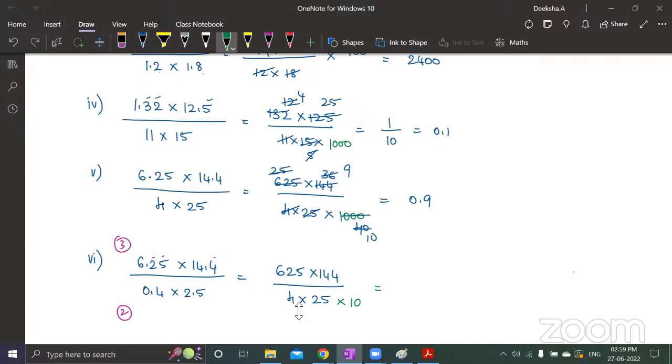So basically this number is 25, 25s are 625, 4, 36 times. And then here I will cancel this by 5, 5 2s are 10, 5 5s are 25. And 2 18s are 36, you will get 5 into 18, 90.